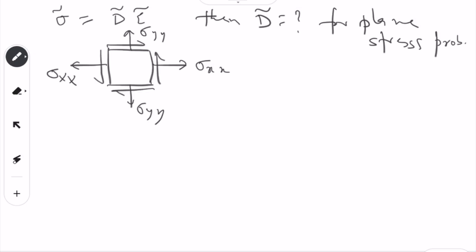So this is sigma xy, right? All of the 4 are sigma xy, and sigma xy. Okay, so we have it like this.